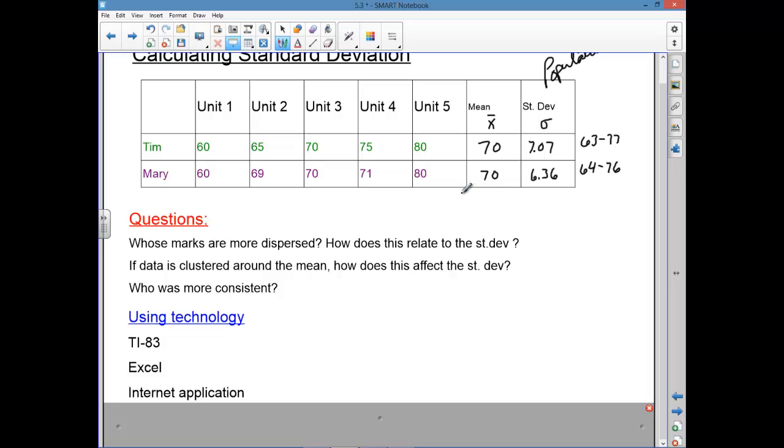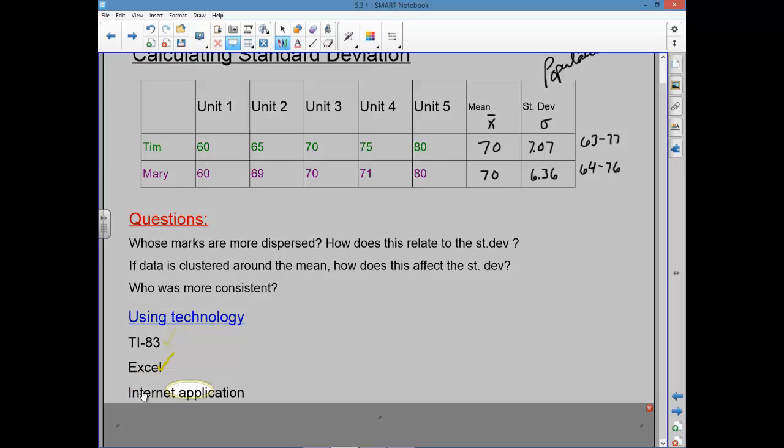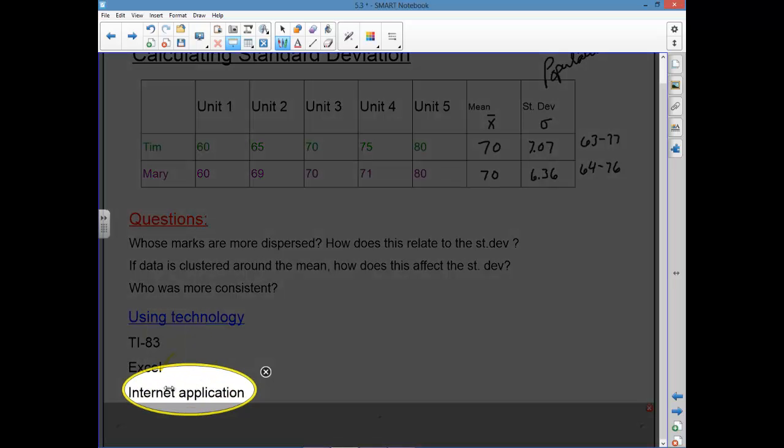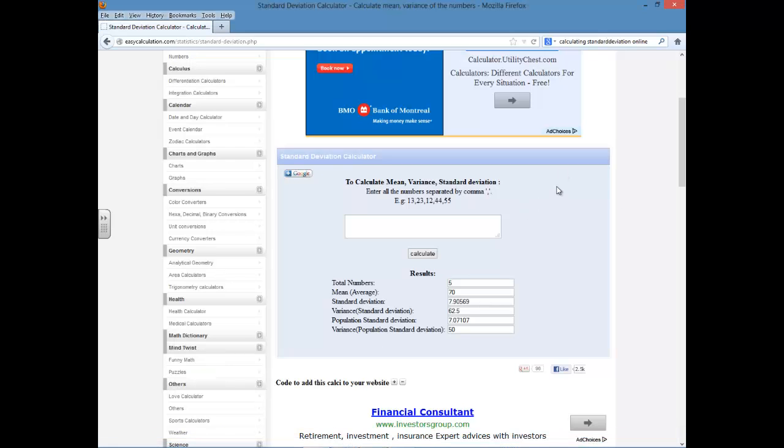Okay, at this point now we've calculated our standard deviation using the Texas Instrument. We've used Excel, and now we're going to focus on using an internet application for that. So to do that, I went to Google and just did a search for calculating standard deviation online.